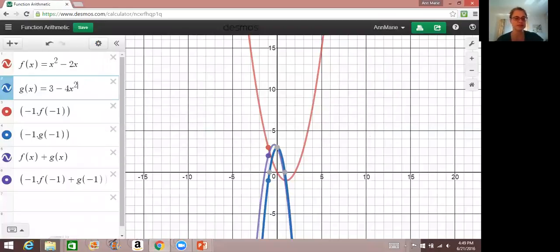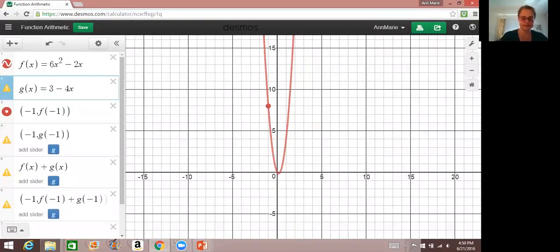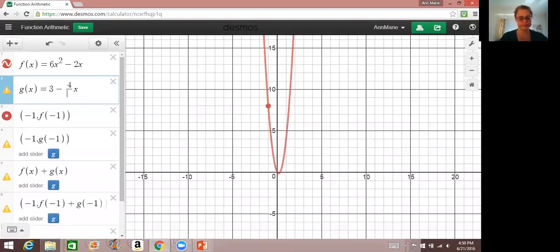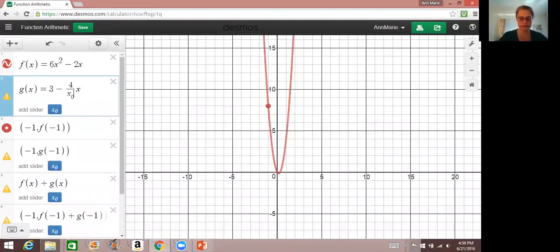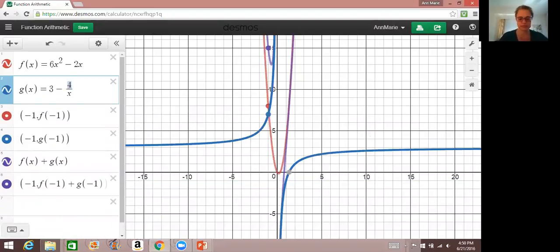That's it. That is the simplified form of that sum. Let's go back out to Desmos here. My function f is 6x squared minus 2x, and my g of x is 3 minus 1 over x.